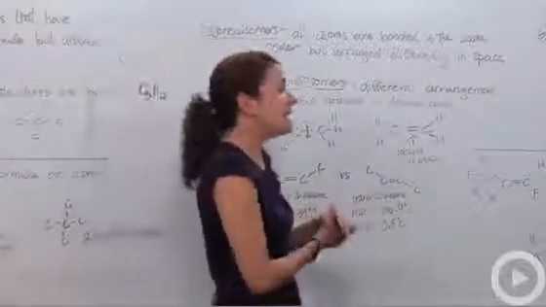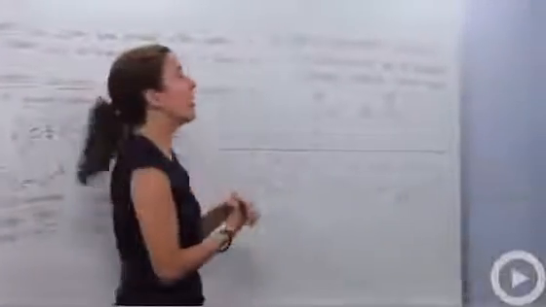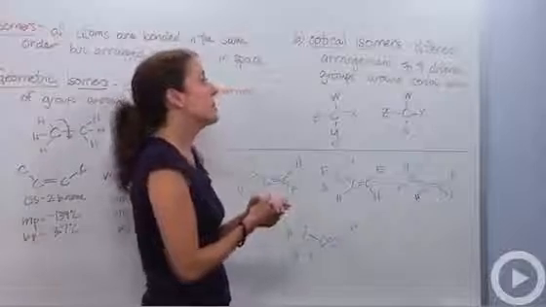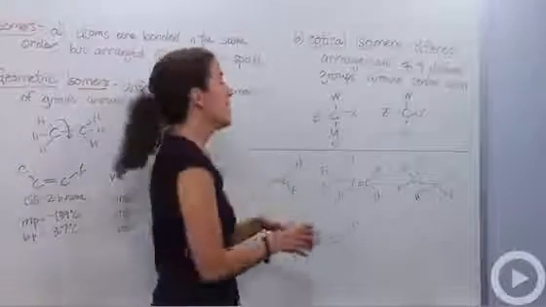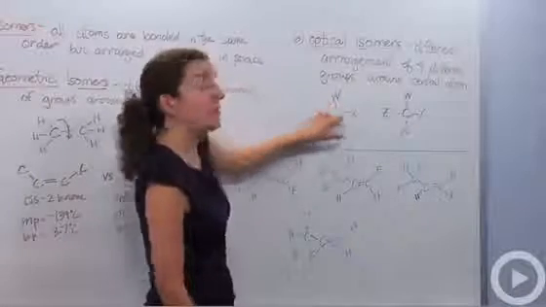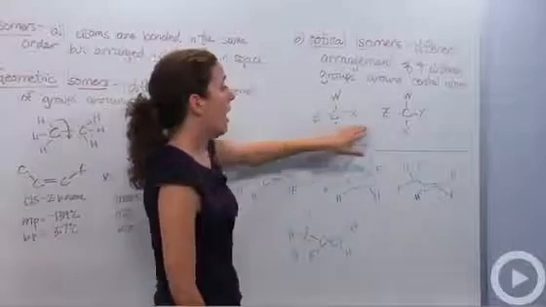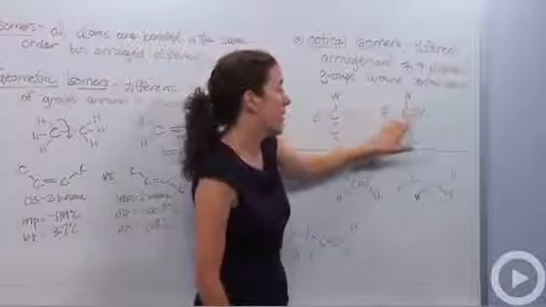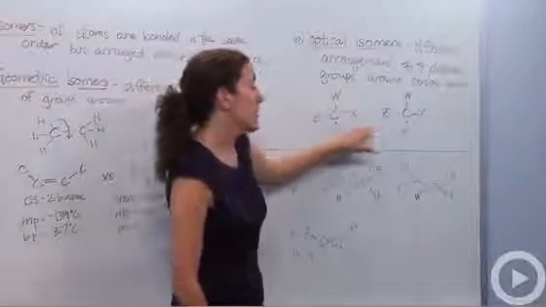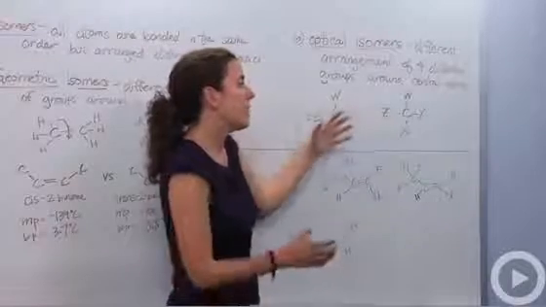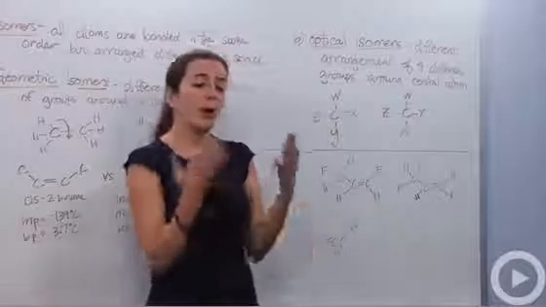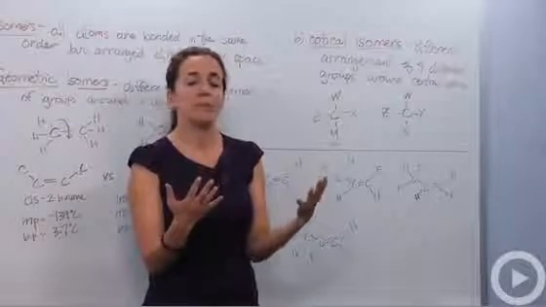Okay? The last type, and probably the most difficult to understand, are optical isomers. This is a different arrangement of four different groups around a central carbon atom. So let's say we have this structure. We have this carbon and it's bonded to these different things around it. It's the same things around it, however, they're arranged differently around the carbon atom. These guys are the same thing, however, they can never be the same exact molecule. To make it a little more clear, our hands are optical isomers of each other.